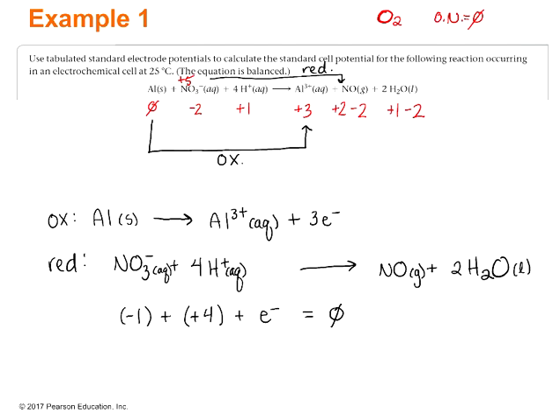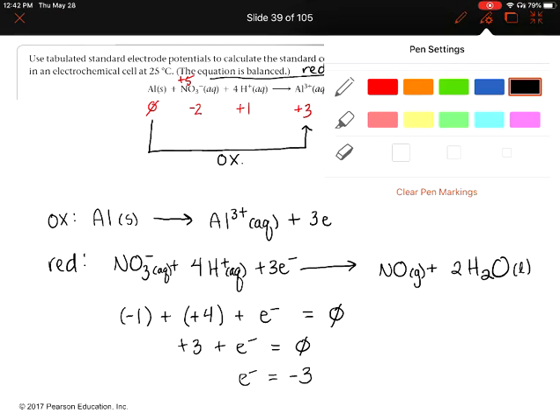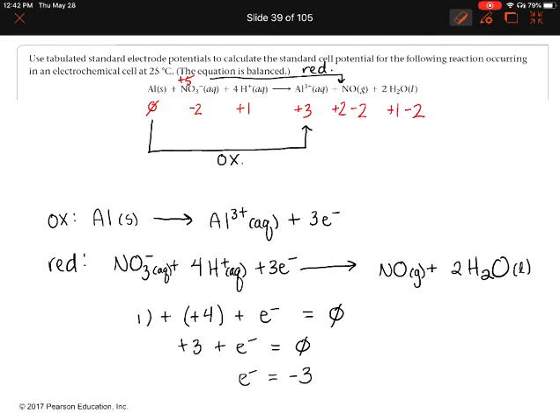Okay, so we end up with +3 plus the number of electrons, which is equal to 0. So the number of electrons, we've got 3. And I keep the negative charge in there just because, but if you have a different way to solve for this, that's totally fine. This is just the way I do it. All right, so that means we have 3 electrons that are gained in this process. And then I'm just going to erase my math down here.